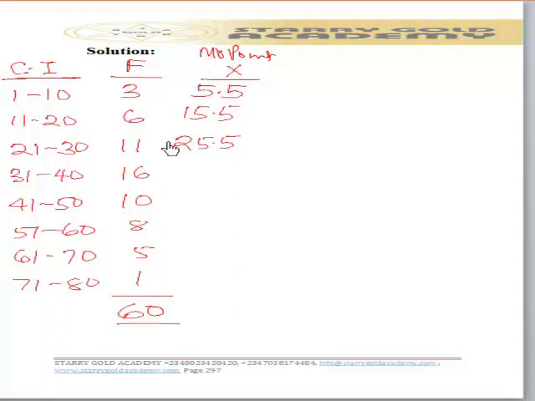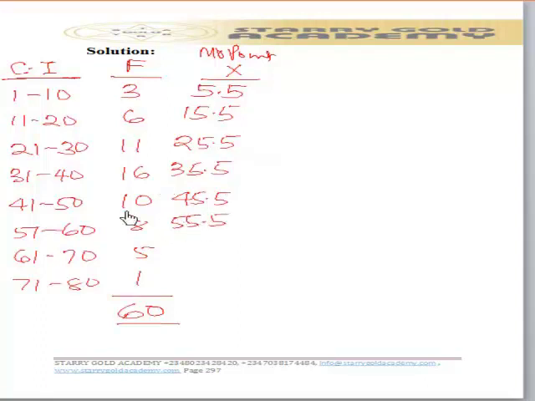This is 71 divided by 2. We have it as 35.5. The next one is 41 plus 50. This is 91 divided by 2. That's 45.5. The next one is 51 plus 60, and this is 111 divided by 2. That's 55.5.